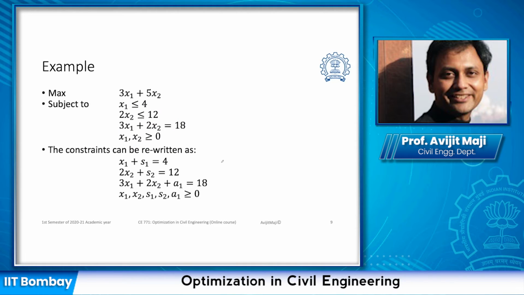through this example. So in this example, we have one of the constraints which is an equality constraint, and once we transform the constraint and rewrite after introducing the slack variable and artificial variable, we obtain this.